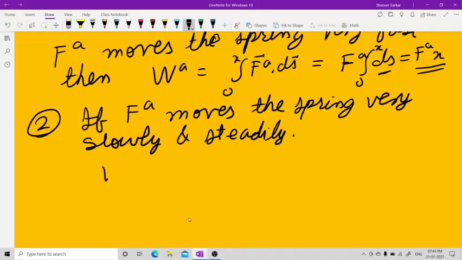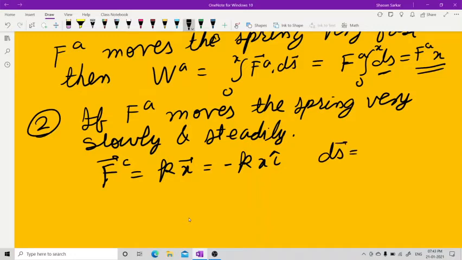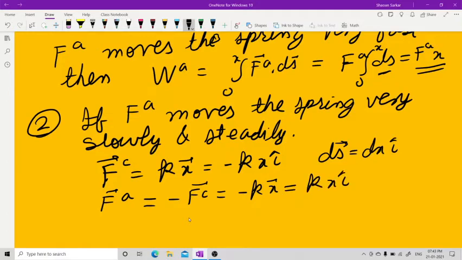Now F conservative is equal to, let me put vector sign, minus K x vector, which will be minus always, in the i cap direction. Let us take ds vector as dx i. Now Fa will be equal to minus Fc vector, and that will be minus of minus Kx vector, equal to Kx i cap.